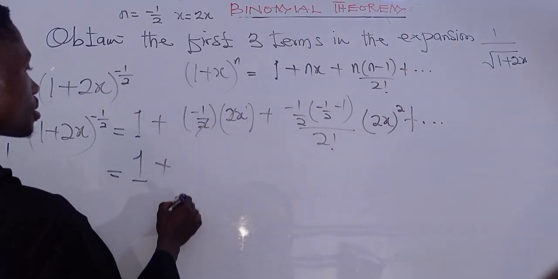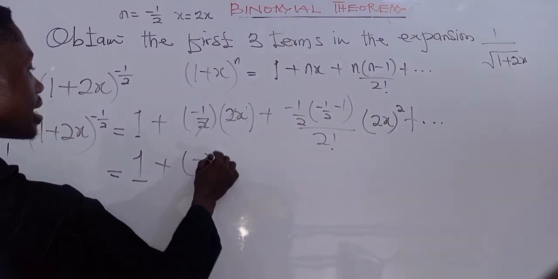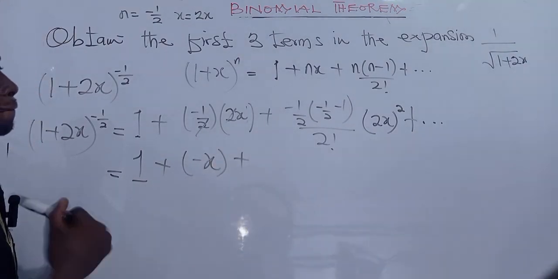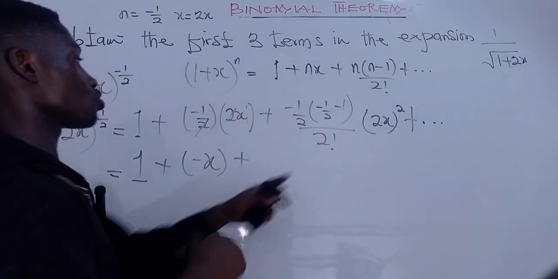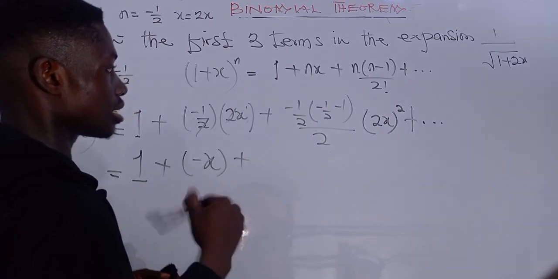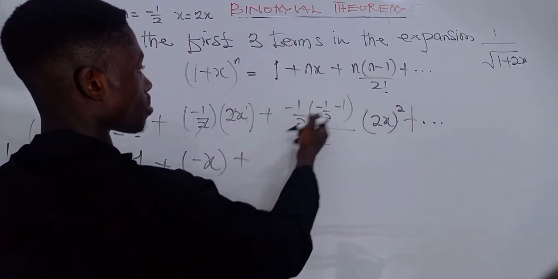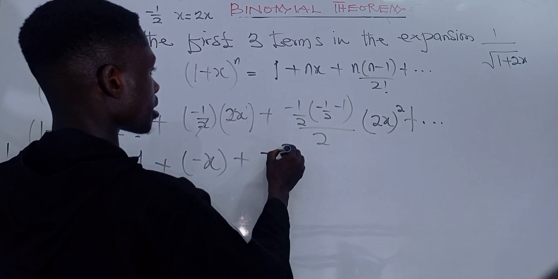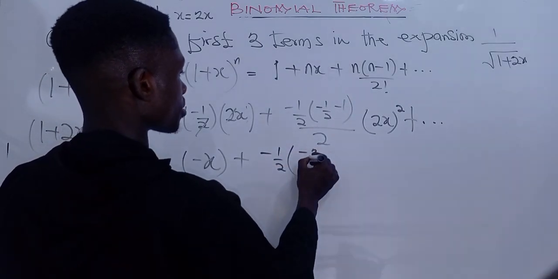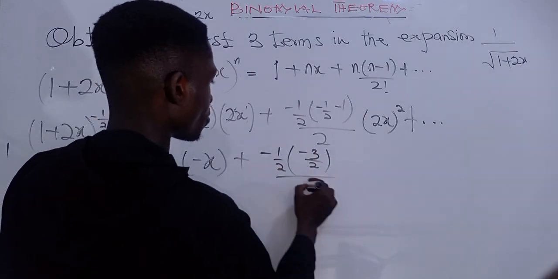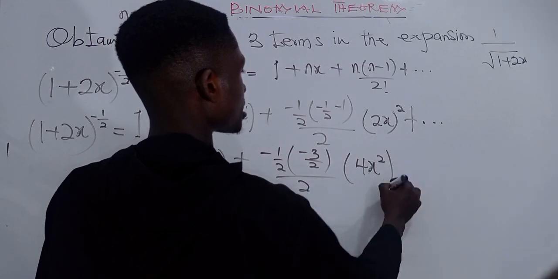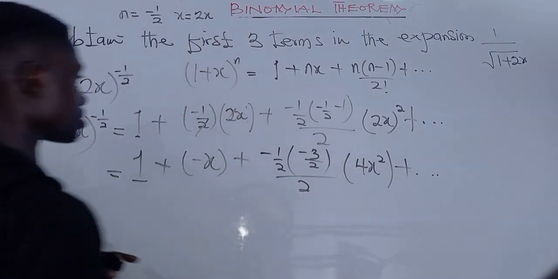This can cancel this. We have minus x. We know that 2 factorial is the same as 2, so we can cancel this. From here we are going to get minus 1 over 2, and this is going to give us minus 3 over 2 all over 2, and then we have 4x squared, and so on.